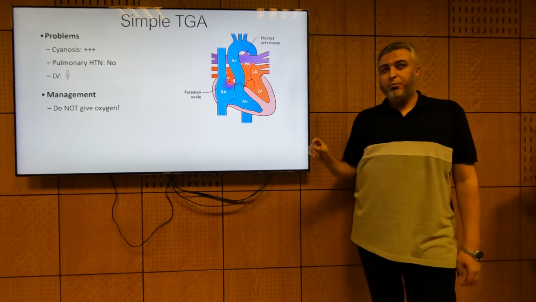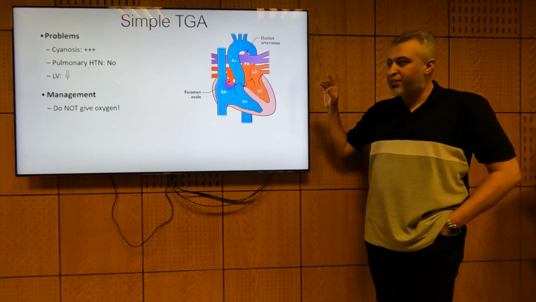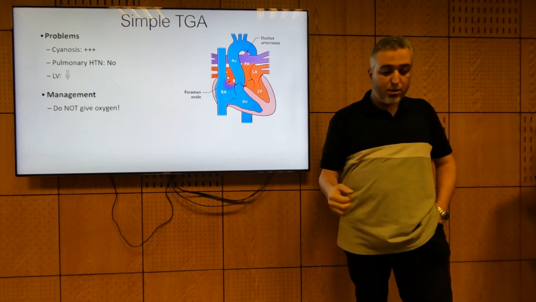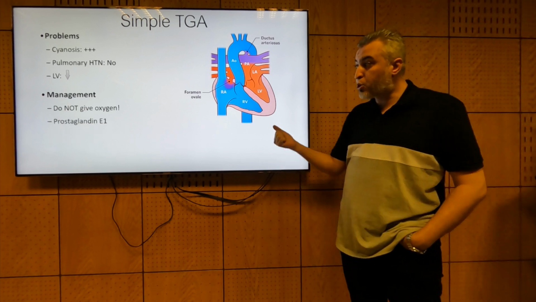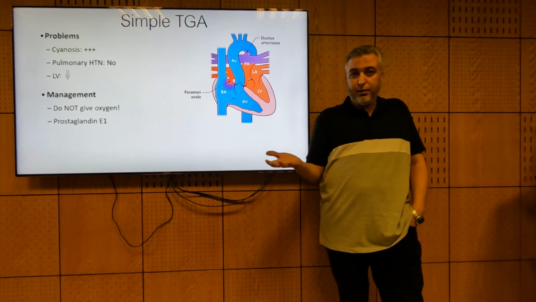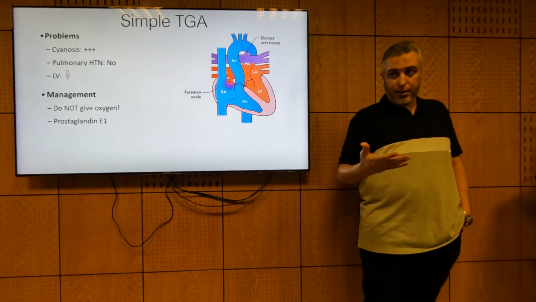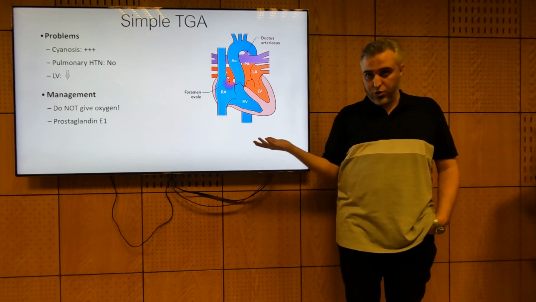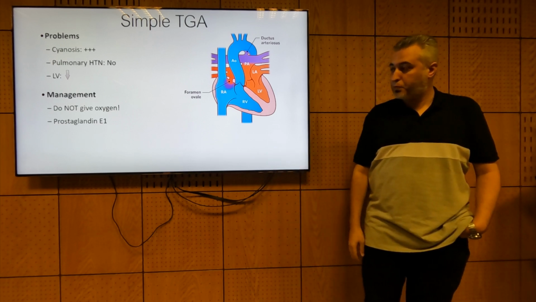On the other hand, what are the disadvantages of giving prostaglandins? So it does cause apnea. If the baby is not ventilated, he actually might stop breathing and then need active mechanical ventilation, which is an important thing.